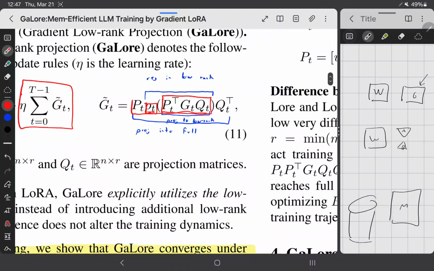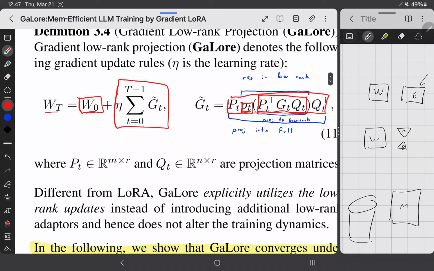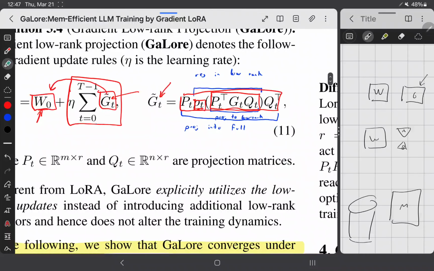So we project back to a full rank space, or to the original space, and then we can now add it to the weight matrix, because this is now in full rank space. So this is now in the full space. So it's the weights. So we're not doing anything to the weights. Weights are staying the same. The gradients are being projected. They're being updated and then projected back. So this is basically the formula here.